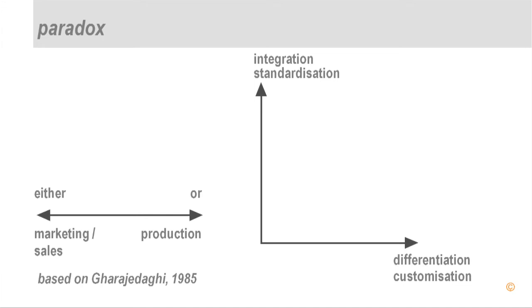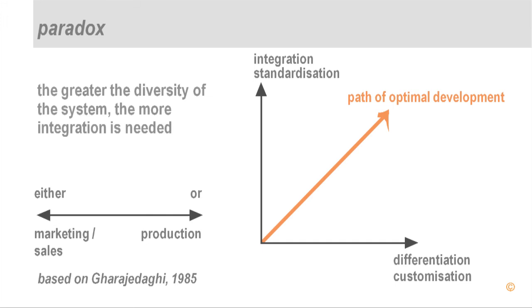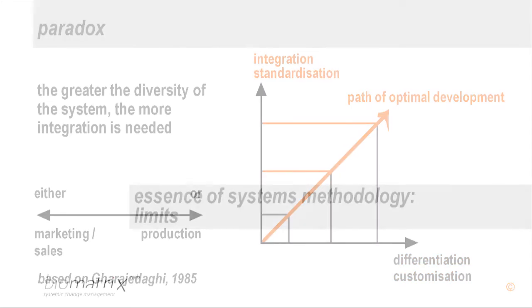And between the two, we would have to find the optimal path of development at any particular time. If we have little customization, then we need little standardization. If we have more customization or differentiation, we need more integration.